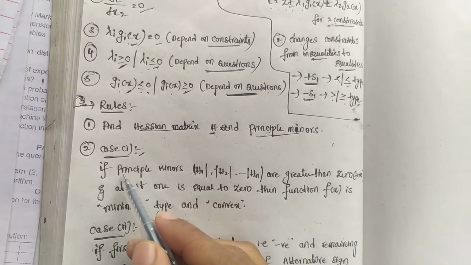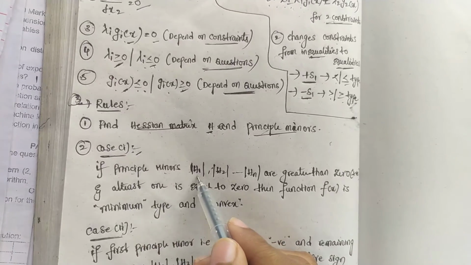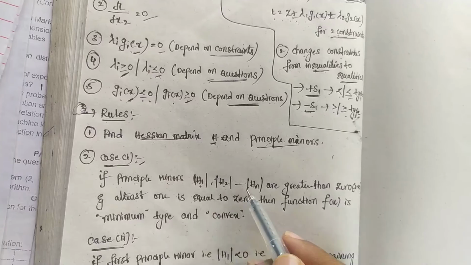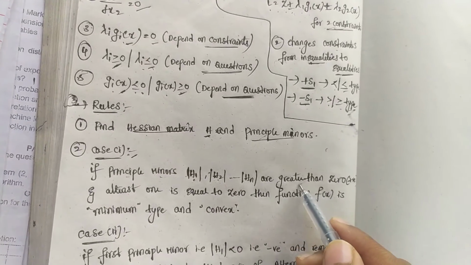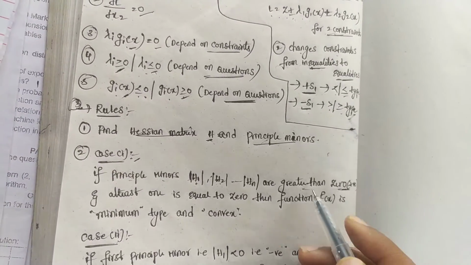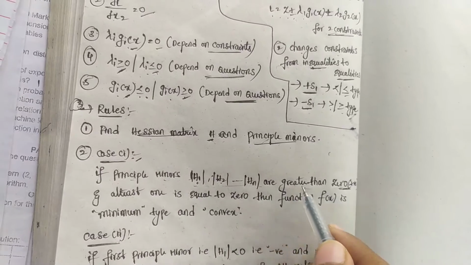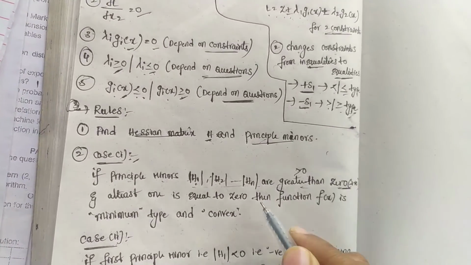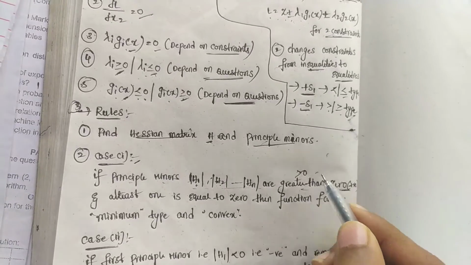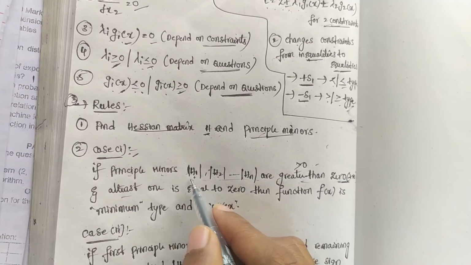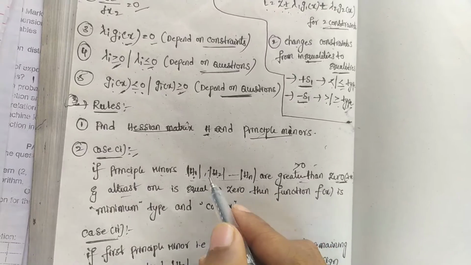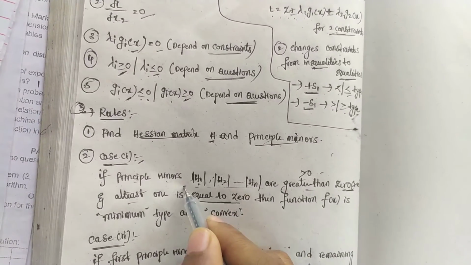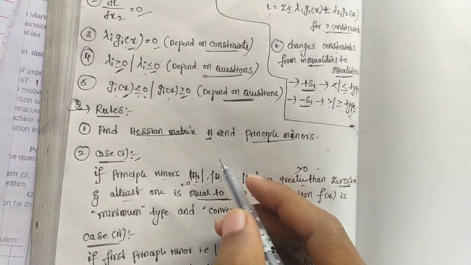The first case is if the principal minors, that is mod h1, mod h2 and so on up to mod hn, are greater than or equal to 0. That means these principal minors ought to be positive, that is greater than 0, and at least one of them, any one of the principal minors, has to be equal to 0.